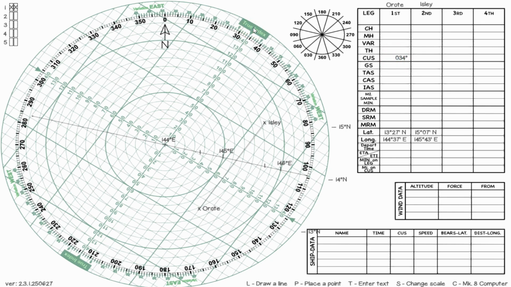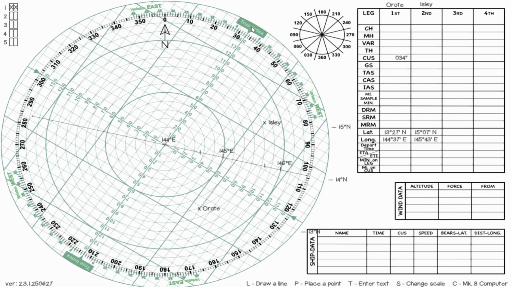But it was not exactly parallel. If we take this as parallel, it would be 33 degrees. So the course is, according to our plot here, in the middle between 33 and 34.